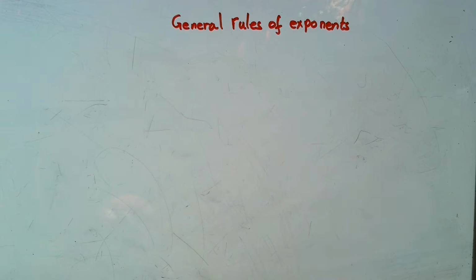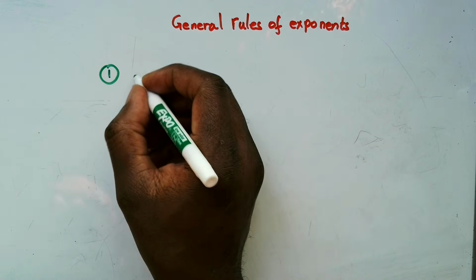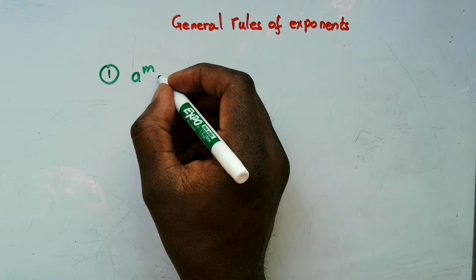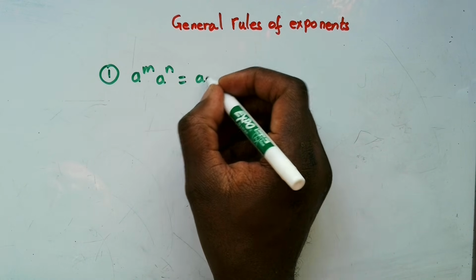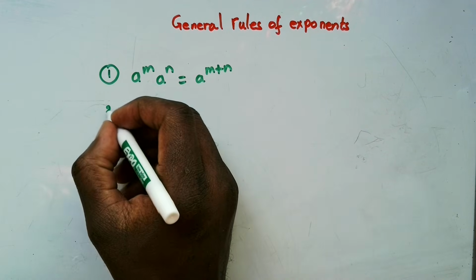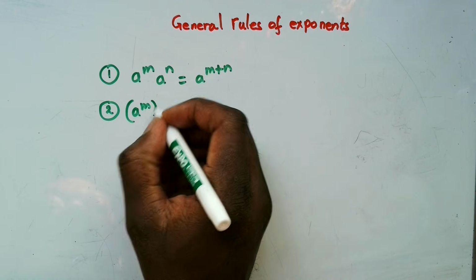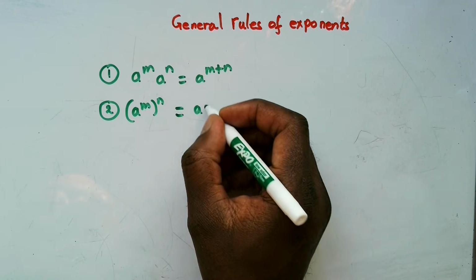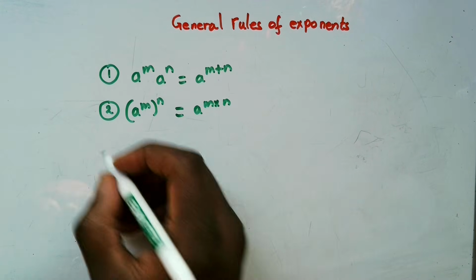So in summary, we have rule number 1, a to the m times a to the n, that's going to be a to the m plus n. Second rule, if we have a to the m, to the power n, it's going to be a to the m times n, right?